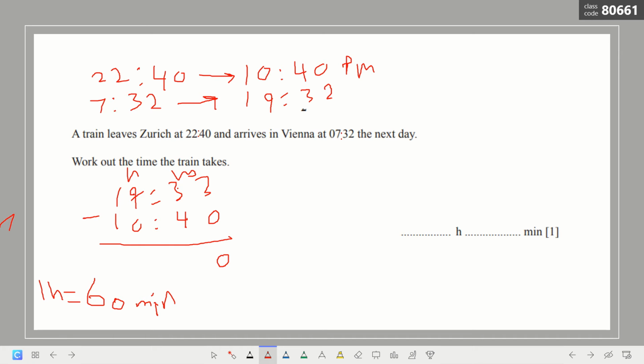If I add it here, it becomes 92. Now 9 minus 4 is equal to 5, and the hours become 18. 8 minus 0 is 8.